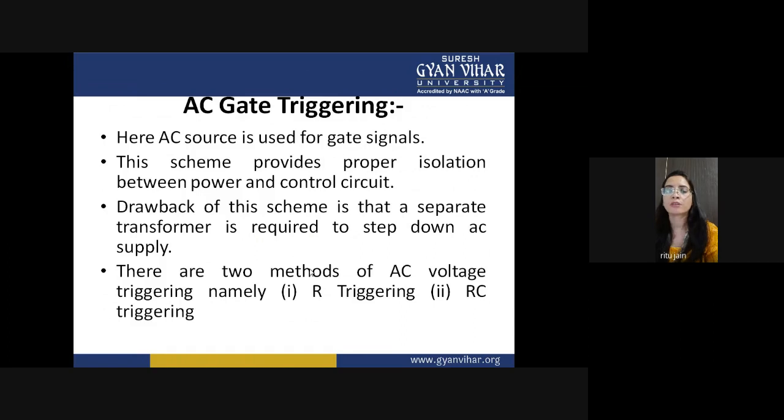The drawback of this scheme is that you need a separate transformer in the AC triggering circuit, and you need a step down AC supply. There are two methods of AC triggering: one is resistance triggering, and another is RC triggering.